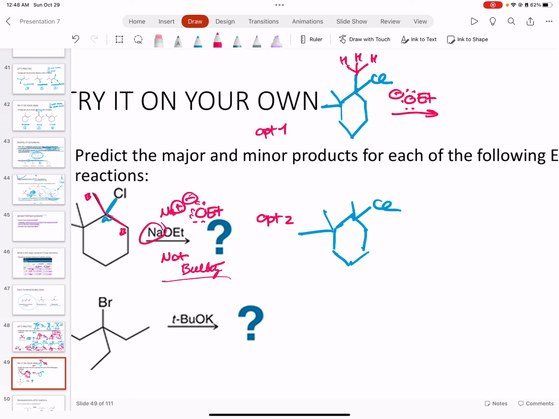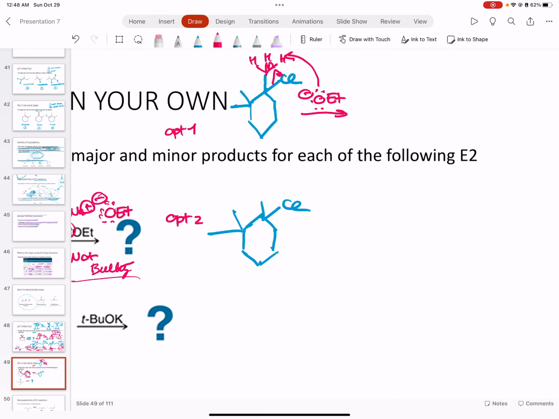So what happens? We have a proton transfer and then a leaving group, and they both happen at the same time. So this one we're going to have a plus, hydrogen, hydrogen, negative, and then we do a double bond with that one.